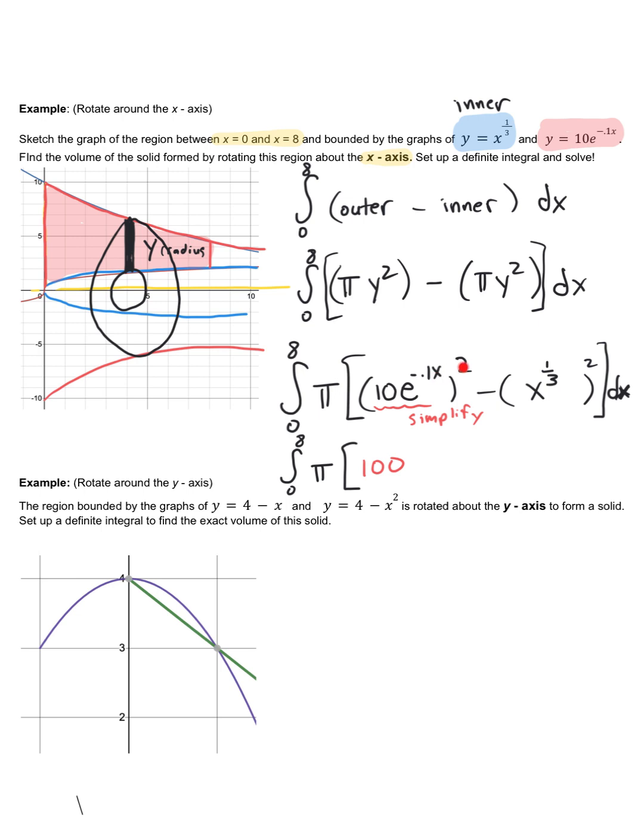When I raise one power to another, I multiply. So that gives me 100e to the negative 0.2x. And then over here, again, when I raise one power to another, I multiply. So 1/3 times 2 gives me x to the 2/3. So there is our simplified definite integral right here.